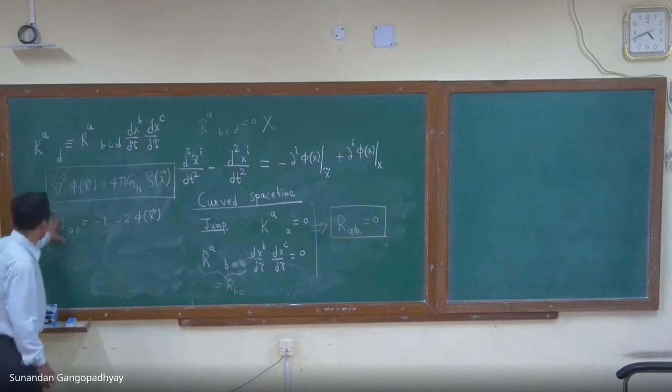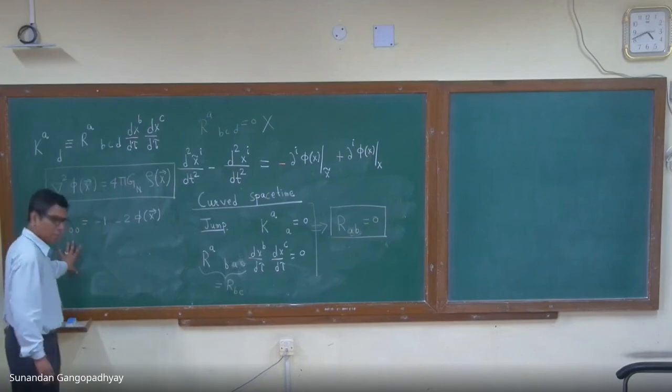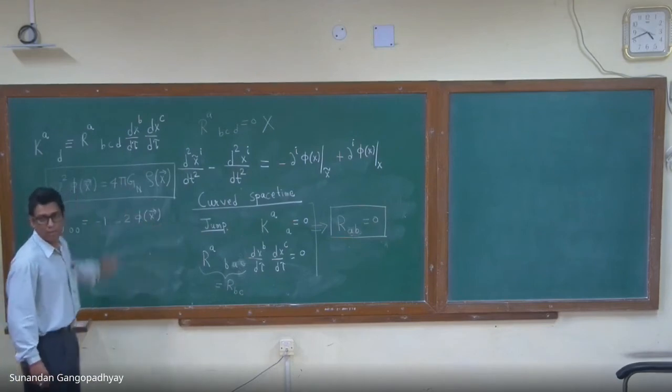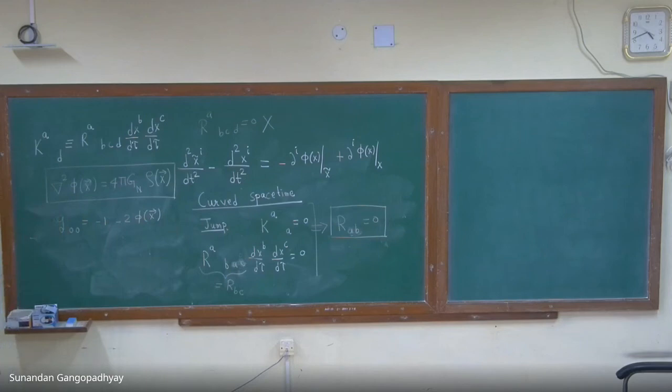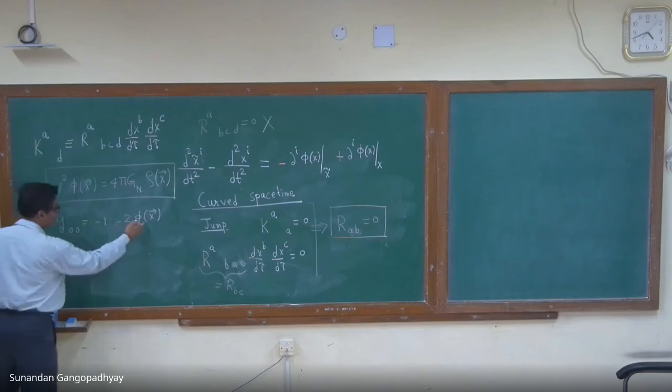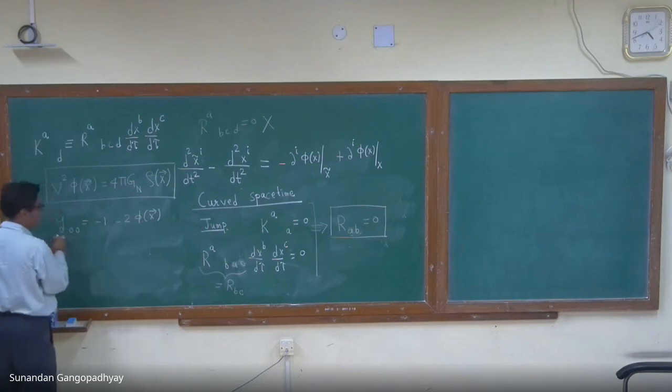So the 0,0 component of the metric tensor contains the gravitational potential phi of x, which is minus GM by mod x. If you go back to your notes, you will find this. So let us substitute phi of x in favor of g_00.